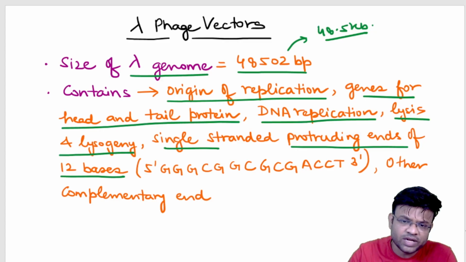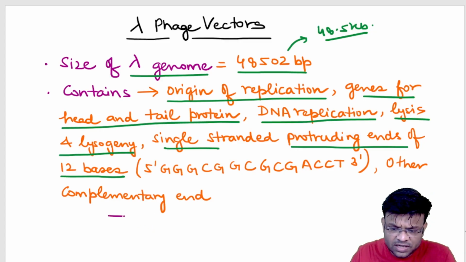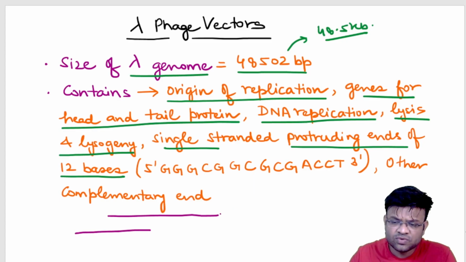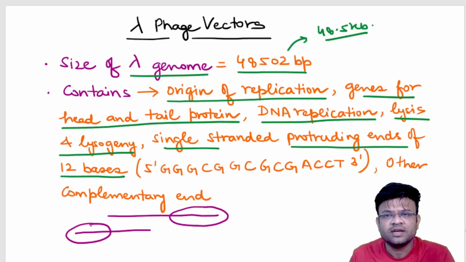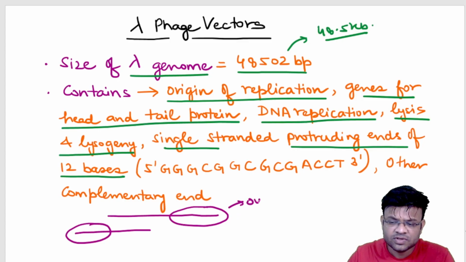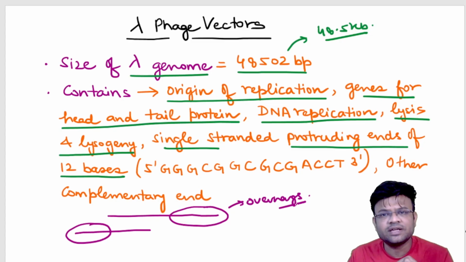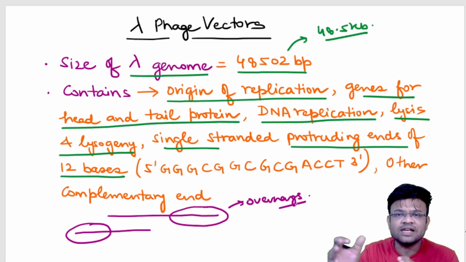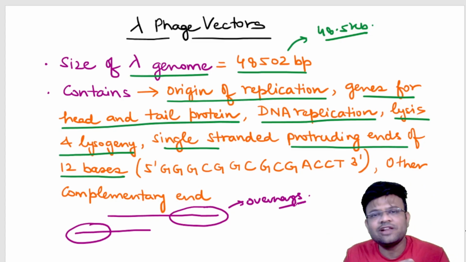For example, what I want you to understand is something like this. In this case, you can see that this end over here is protruding and this end over here is protruding. That means overhangs. We can say that these are overhangs. So in case of the lambda phage vector, the genome has overhangs and these overhangs are of 12 bases.